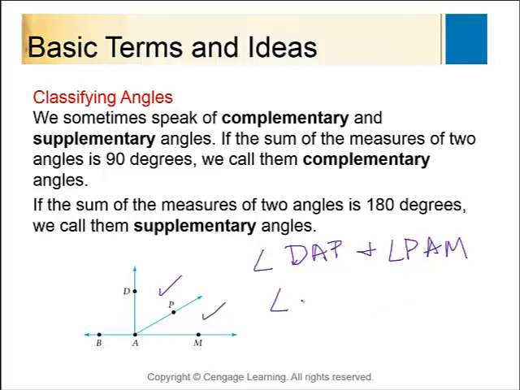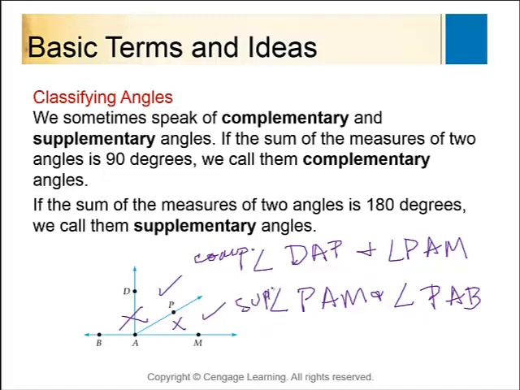I could say the angle PAM and angle PAB, so that would be this guy and this guy, are supplementary. So these are complementary and these are supplementary because they add up to 180.